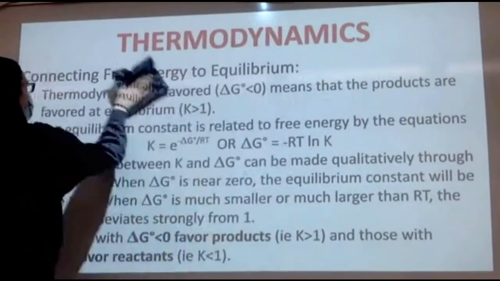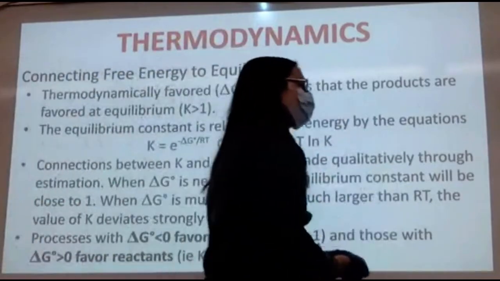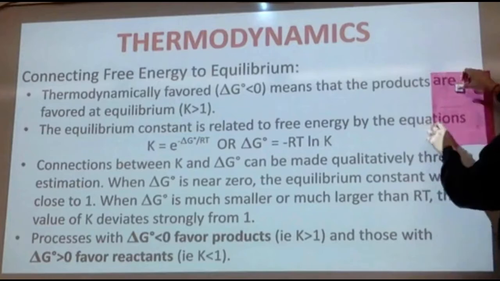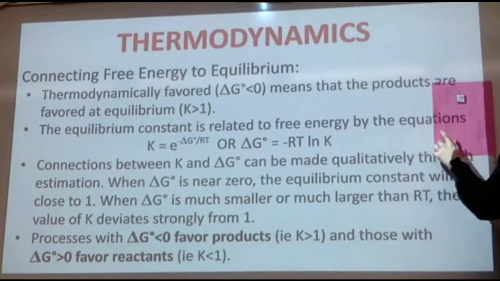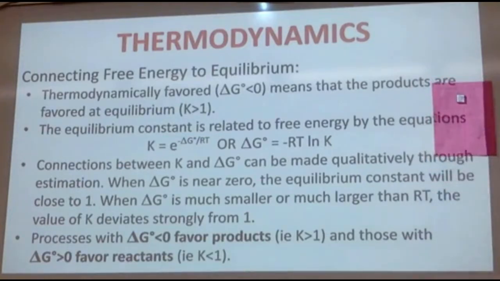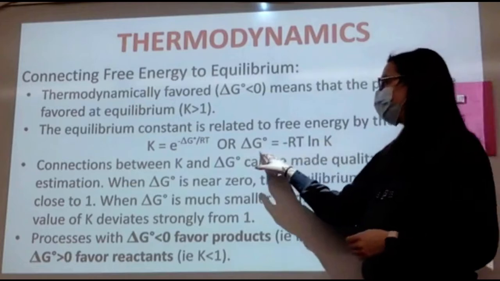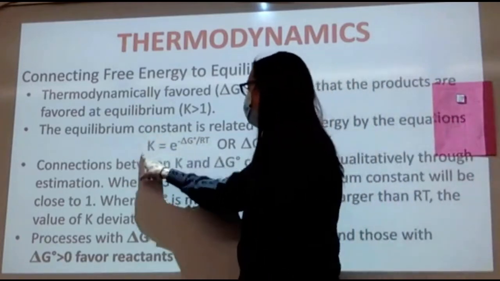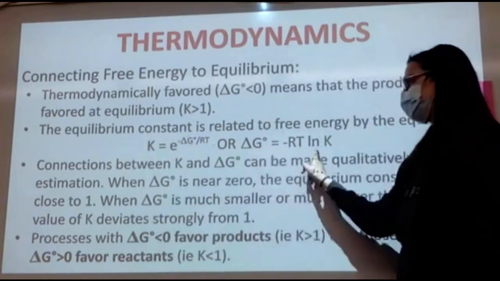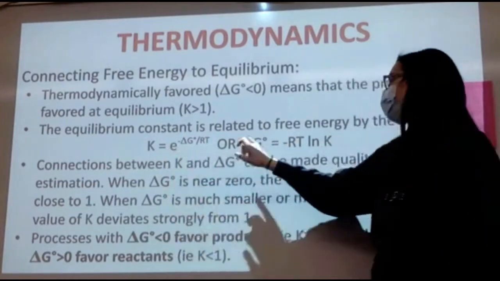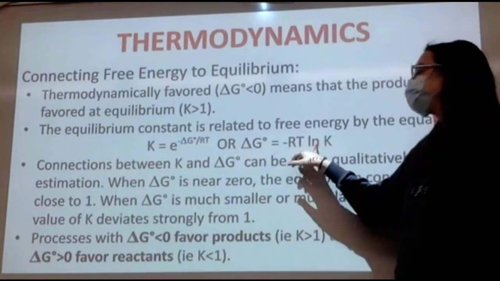On your equation sheet, you have an equation that is delta G equals negative RT ln K. Now, this equation is just the rearrangement of this one, because e, right, that's how we can get rid of a natural log.